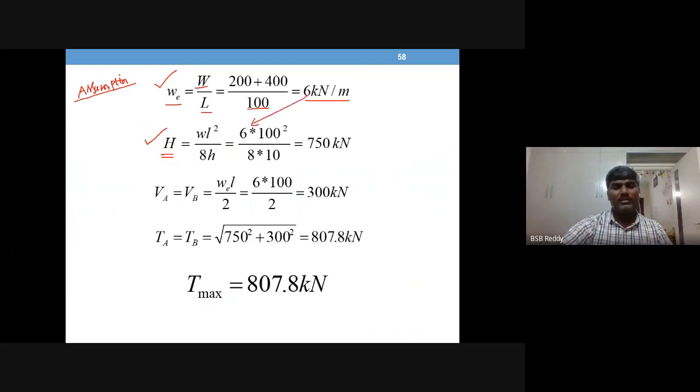In all the cases, what we need to use is only the equivalent UDL, whereas you can't find the actual UDL acting over there. So H equals WL square by 8h, where L is 100 and h is 10. That comes to 750 kilonewtons.